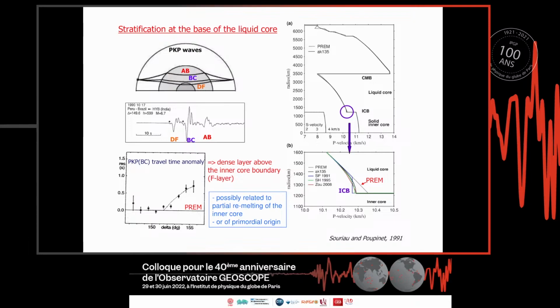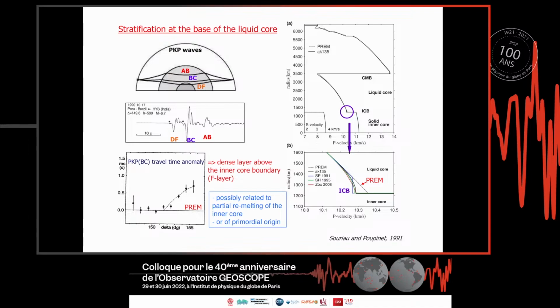And this has important consequences because, as I told you, the inner core crystallized from the liquid core. So if you have this layer at the base, it's a kind of shield which prevents the exchanges between the liquid core and the inner core. So how to explain it?